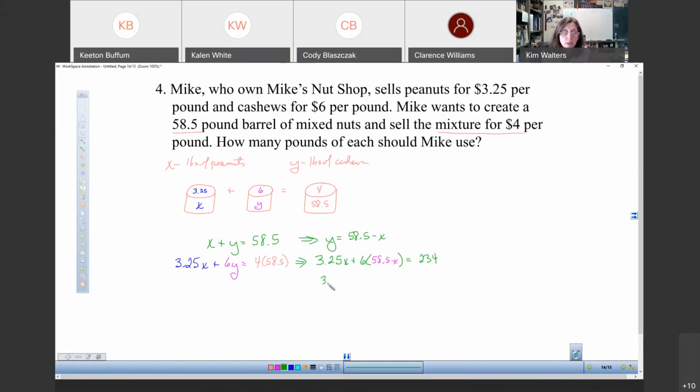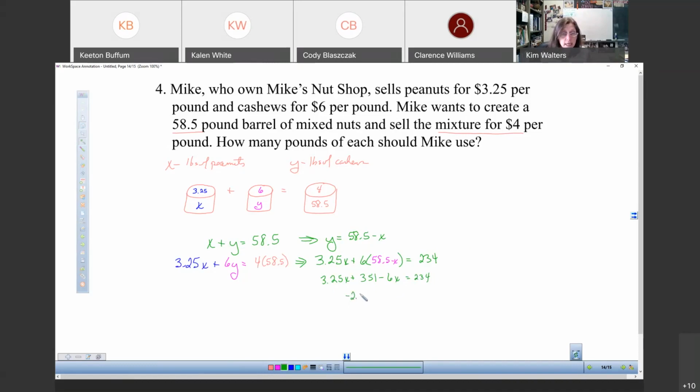So I have 3.25x plus multiplying that 6 through there. So 58.5 times 6 is going to give me 351 minus 6x is equal to 234. If you need to pull your calculator out to do 3.25 minus 6, that's fine.